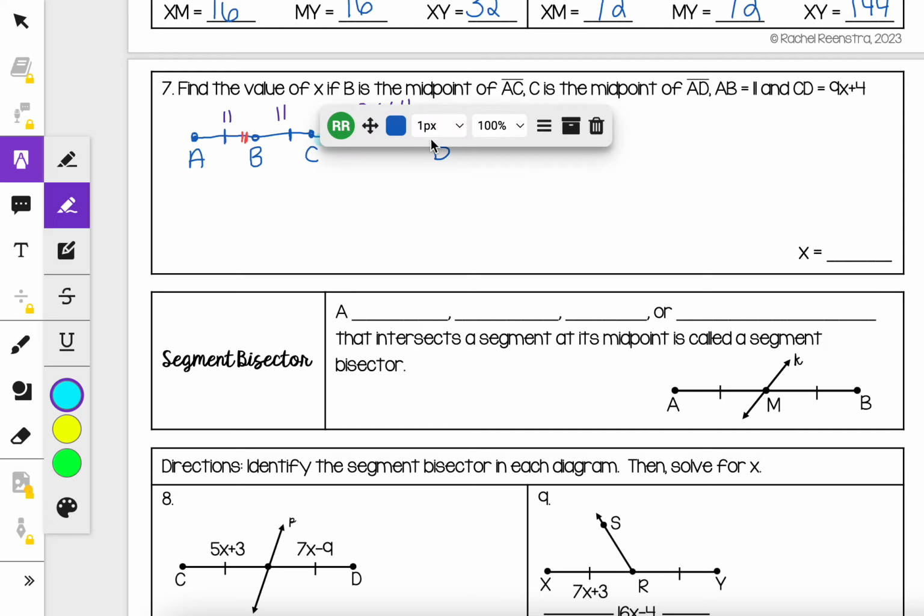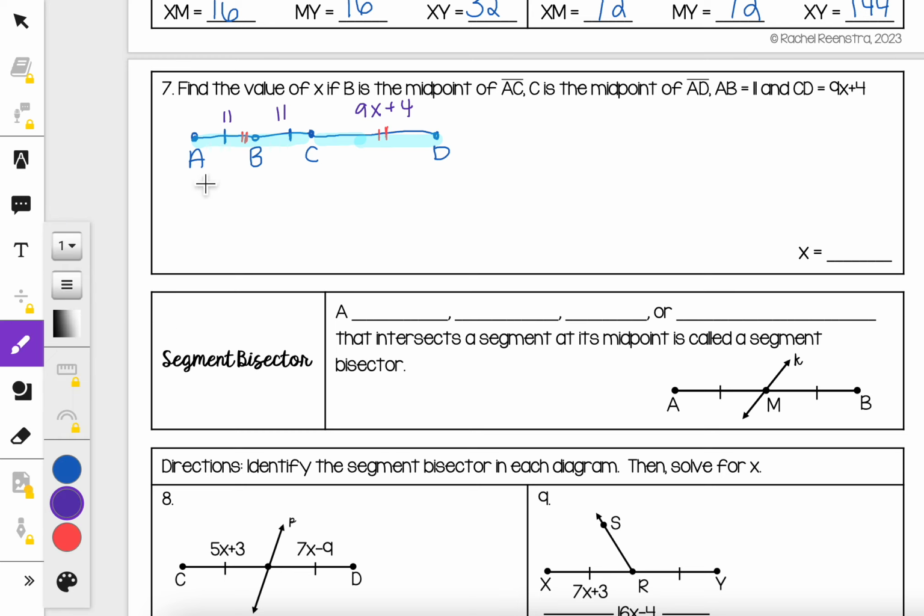I know this CD here is my 9x plus 4, which is congruent to that whole piece here, AC. So AC is going to be 11 plus 11. So this whole segment is 22. So I'm going to set my 9x plus 4 equal to 22. And when I solve that, I get x equals 2.